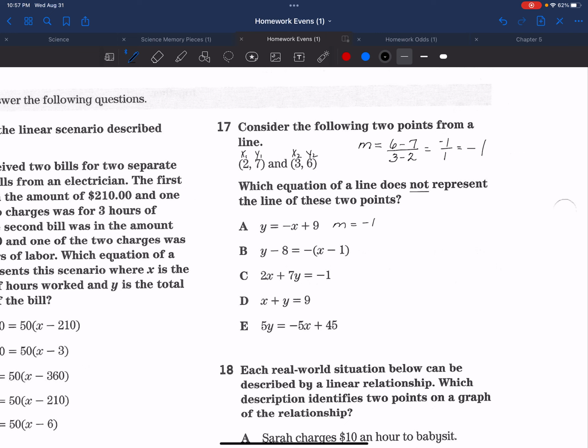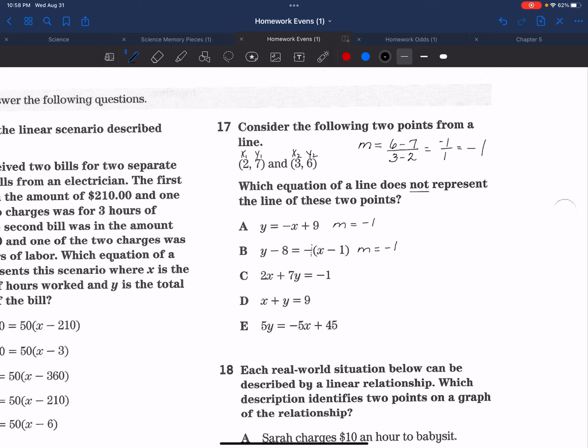It could be B, because remember, in point slope, you have the slope before the x terms come, so m is negative 1. It could not be E, because, oh wait, no, we have to solve for y on E. I think I better do all of them.